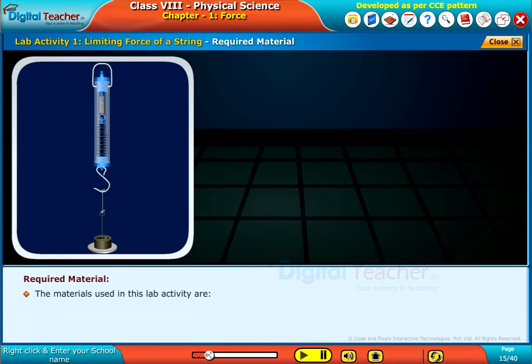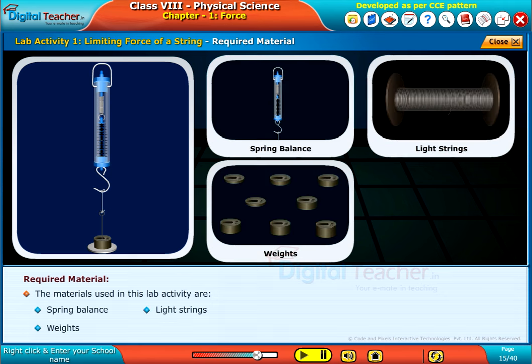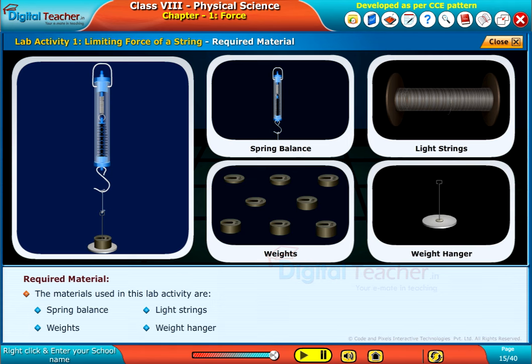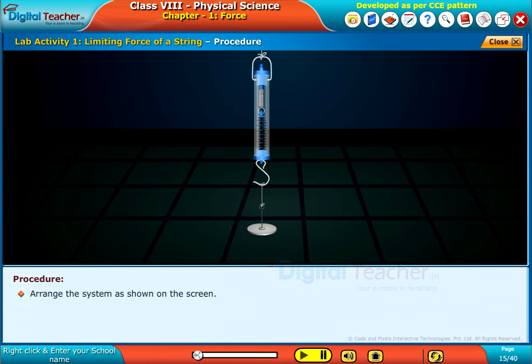The materials used in this lab activity are spring balance, weights, light strings, weight hanger. Arrange the system as shown on the screen.